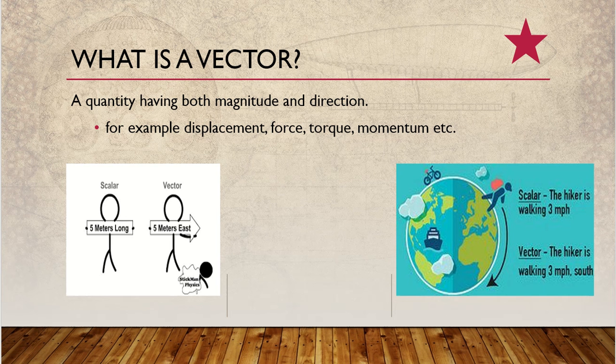If there is a particular direction, then the physical quantity becomes a vector, which means a velocity. Velocity is an example for vector. Vector is having both magnitude and direction. Here, the velocity of the person is 3 meter per hour towards south. Here, velocity is having a magnitude of 3, meter per hour is the unit, and the direction is towards the south.